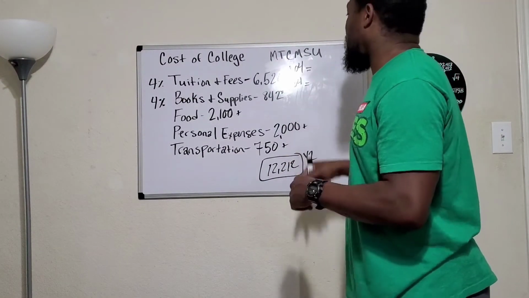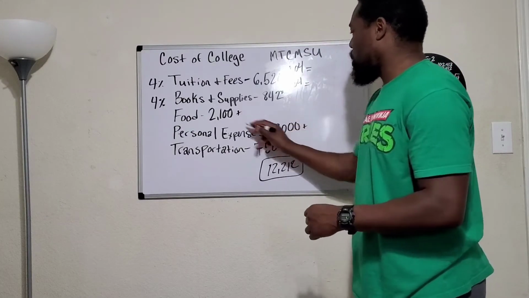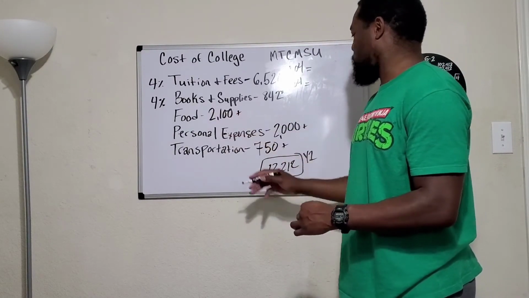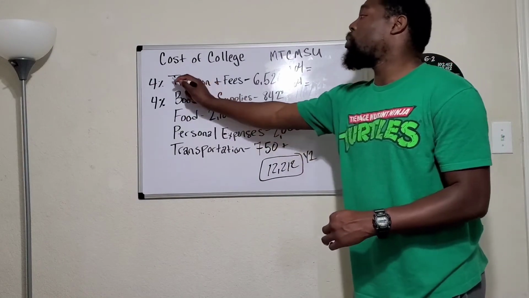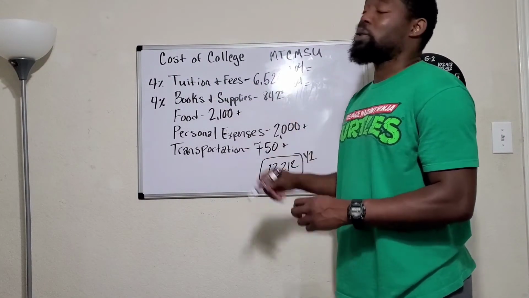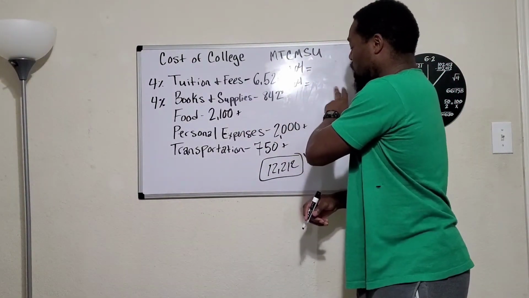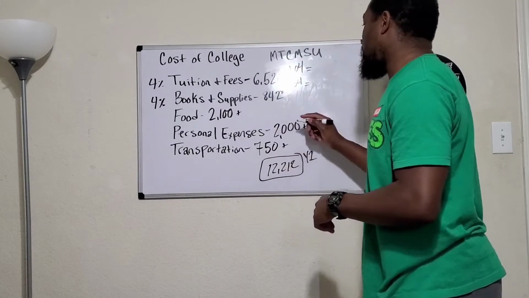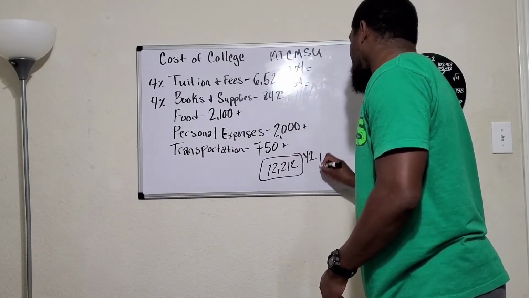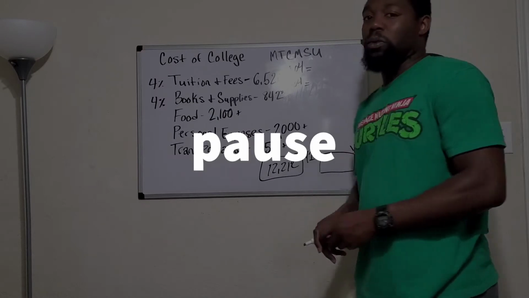But after you do that, you're going to get these numbers here, and you're going to add up the food, your personal expenses and transportation to your new tuition and fees and your new books and supplies. So go ahead and pause the video and find out what these two numbers are, and then go ahead and add them all up and find the answer for how much money it would cost for year two.